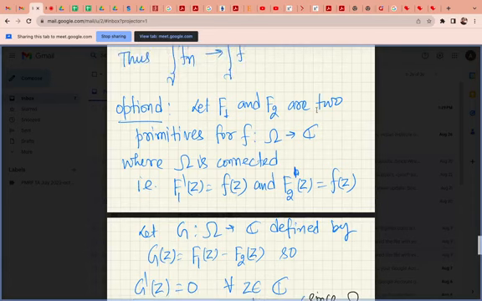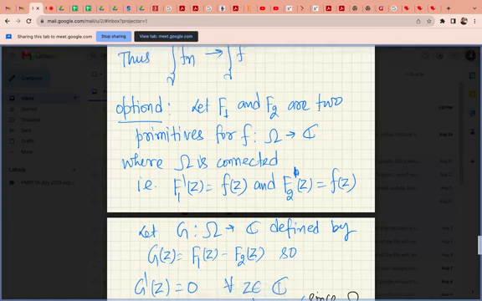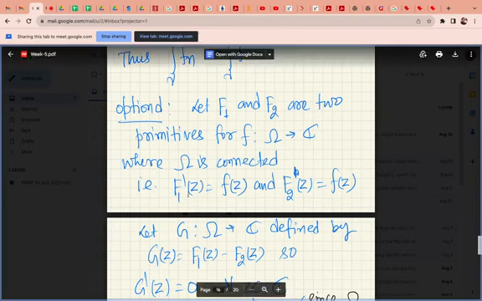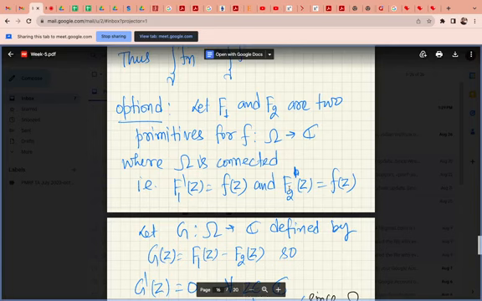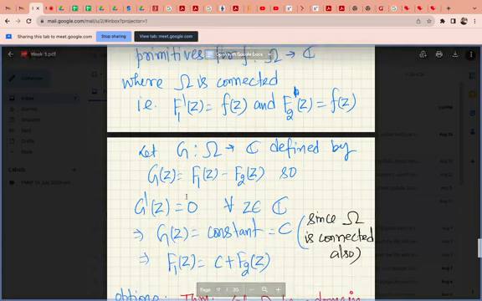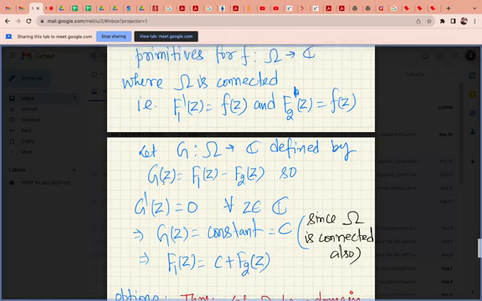Okay, so let F1 and F2 be two primitives for f where omega is connected. How are these primitives related? Since omega is connected, F1 being a primitive means F1 dash z equals f(z), and F2 being a primitive means F2 dash z equals f(z). Now let g be the function defined by g(z) equals F1(z) minus F2(z).